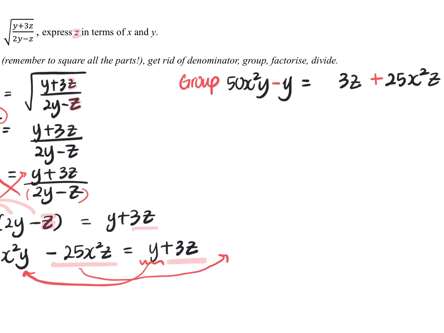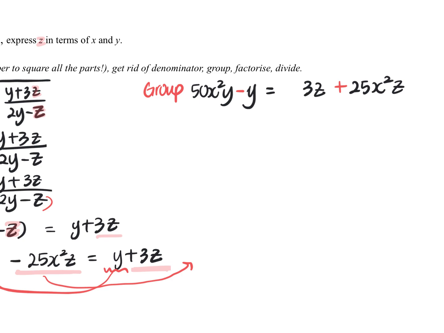Okay, then our next step, remember our objective is to have z and z. So we're going to factorize. I'm not going to be too bothered with the other terms, so I'm just going to keep it as 50x squared y minus y. Although some of you might tell me that you can do factorization for this, y is not my subject that I want, so I don't bother.